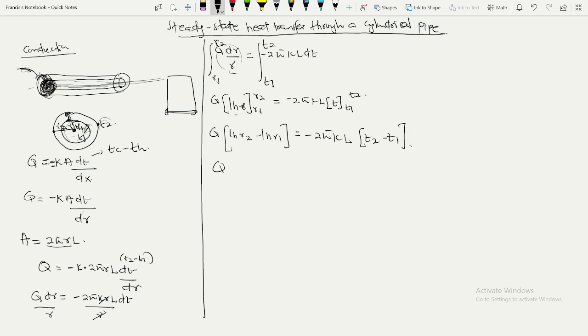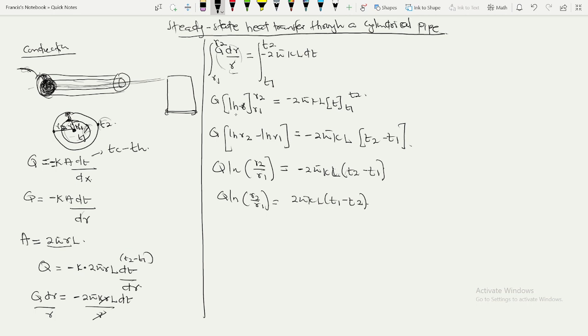So we get Q ln R2 over R1, and this is equal to minus 2 pi KL times T2 minus T1. Now the negative: T2 is at a colder temperature and T1 is at a higher temperature, so when we rewrite it, we are going to get 2 pi KL T1 minus T2, right?